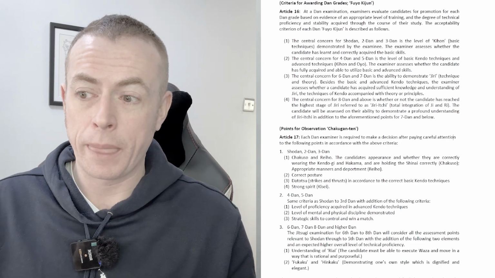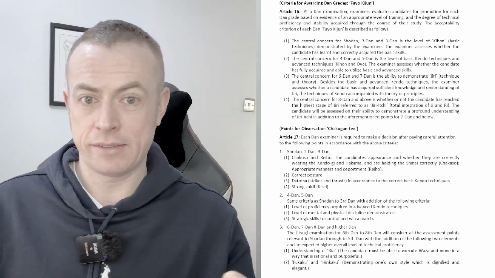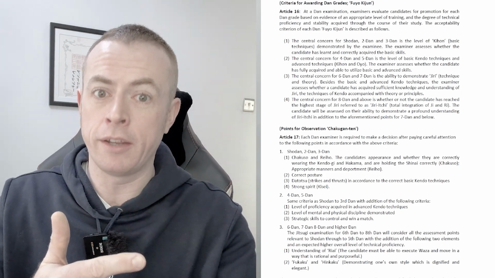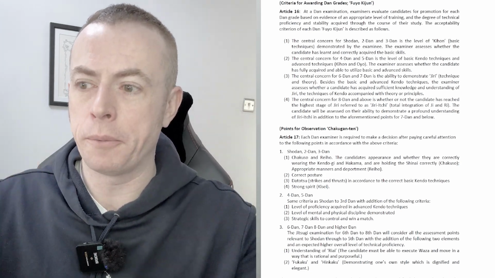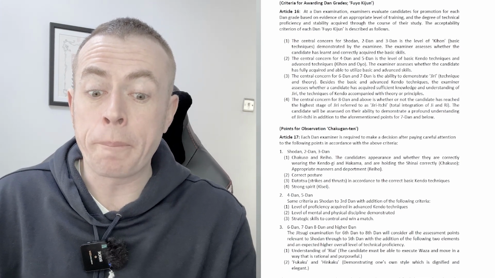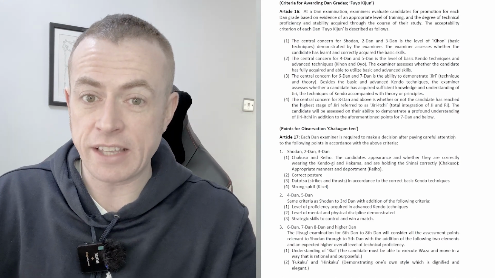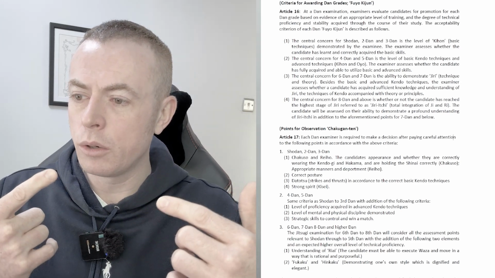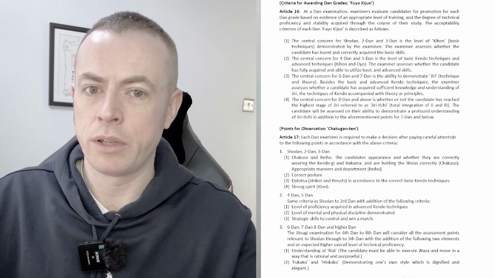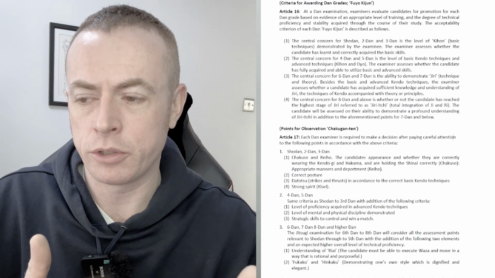So applied, the application, how are you applying this to the other side, all right? It means that there has to now be a conversation with you and your partner happening for these waza to come about, all right? You need to make sure that you can show that you're not going to panic or crumble or get excited in the moment, but you're disciplined. And for 6th dan and 7th dan, 8th dan, you have to show that you understand the true relationship between you and your partner as you create waza together, all right?